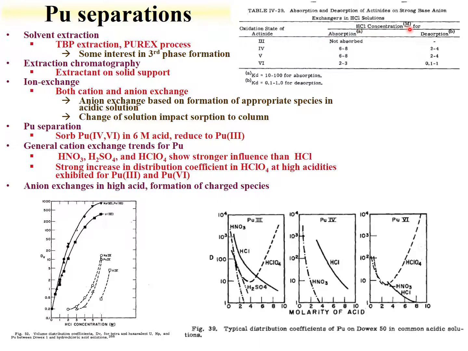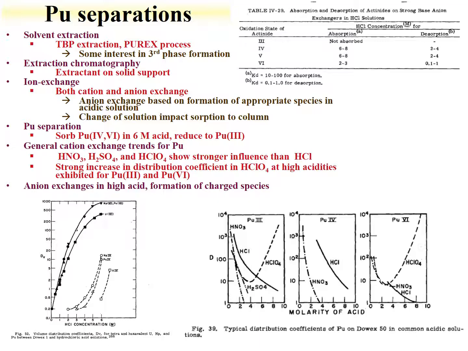And this would be sorption onto a strong base anion exchange resin in HCl. So for instance, the plutonium 3 is not sorbed, and the 4, 5, or 6 are sorbed at different HCl concentrations depending upon their oxidation state. So this could be a route for purifying plutonium by sorbing it to an anion exchanger, reducing it, and upon the reduction to the 3, the plutonium is released.